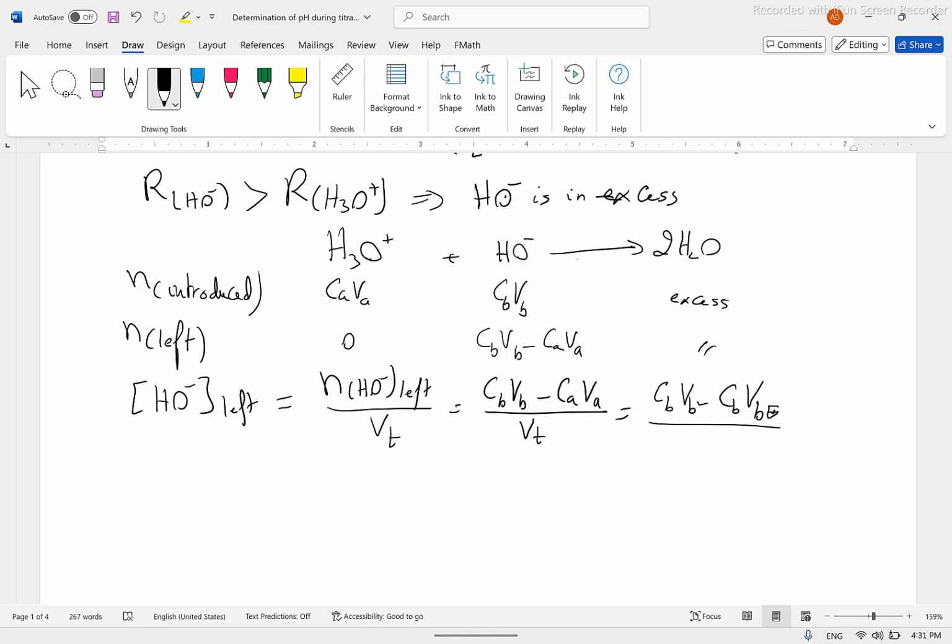V total is V acid plus V base plus the volume of water, equal to Cb common factor, Vb minus Vbe over V total.